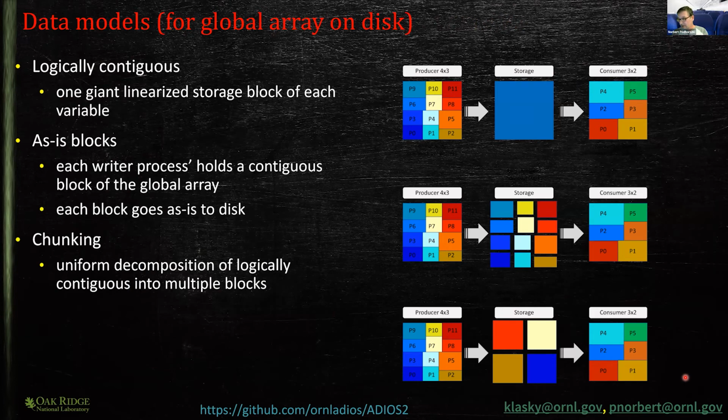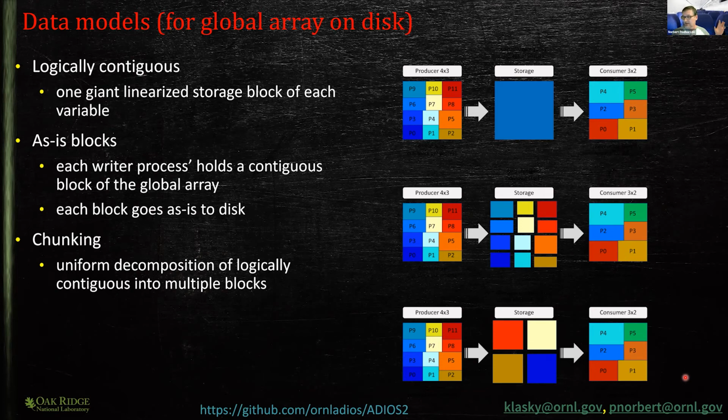for that I have to explain the storage pattern of the data. So logically contiguous is what the netCDF data model and the original HDF data model did. Each variable is stored on disk as one contiguous buffer, right?